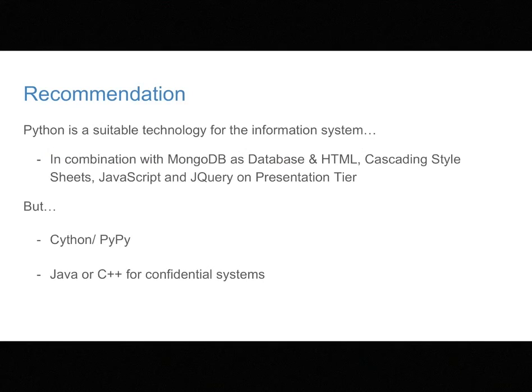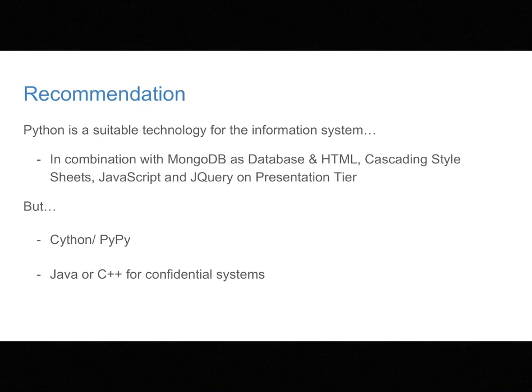We therefore recommend that we believe that Python is suitable as a technology for the information system. Its advantages clearly outweigh its drawbacks, and it would work well in cooperation with the technologies mentioned.